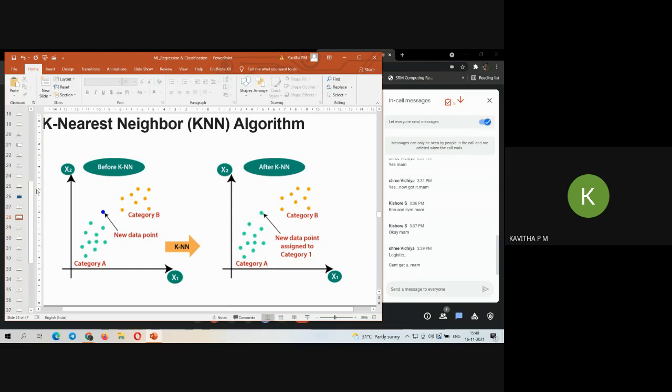Based upon that input, if I give some area in square feet, I want my model to predict the price. Fine. So if my data set is this way, which algorithm will I move on with?